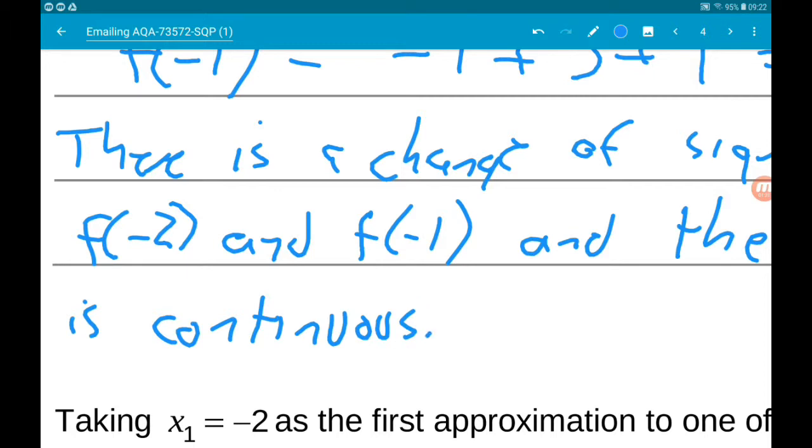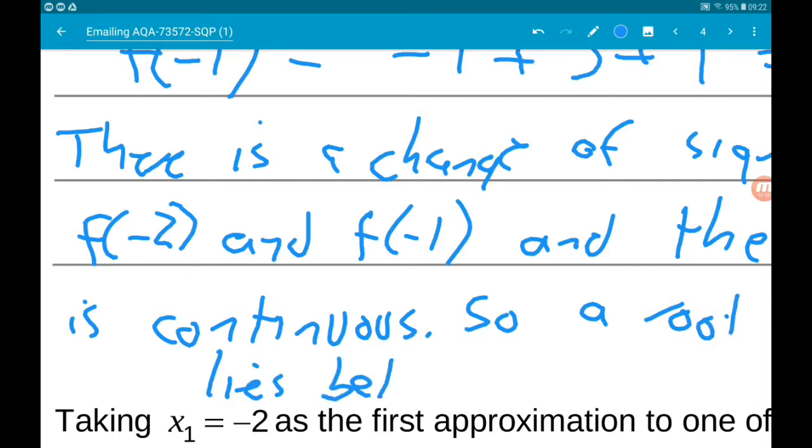So a root lies between x equals minus 2 and minus 1. Cool.